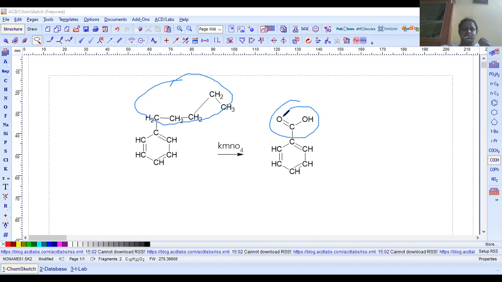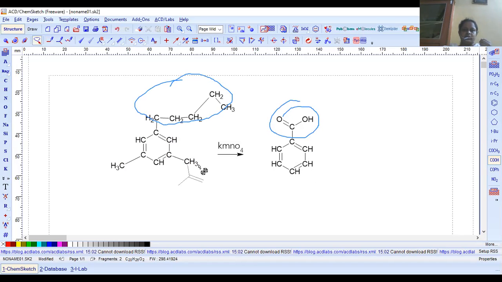This is the speciality of this reaction. There is no selectivity. Suppose one more methyl group is here, and one more methyl group is here. All the substituents which are attached to this benzene ring will get converted to carboxylic acids.